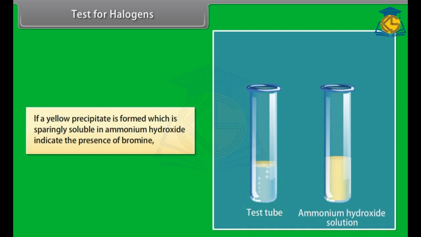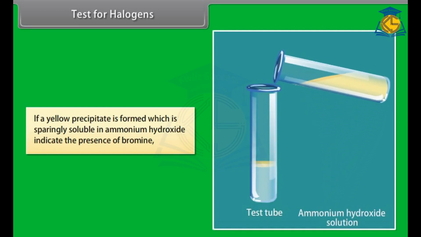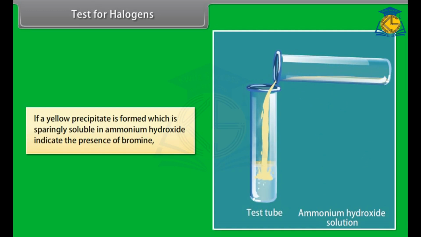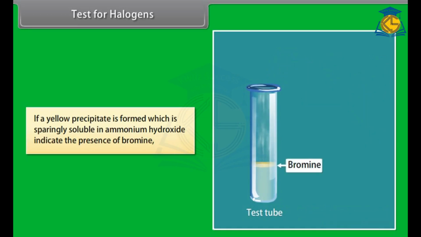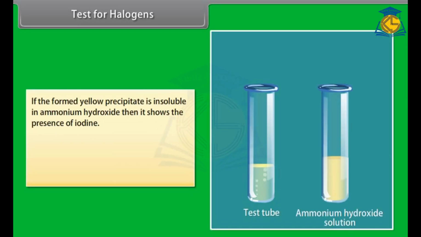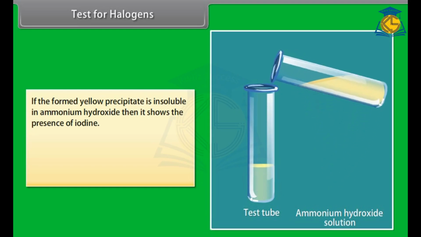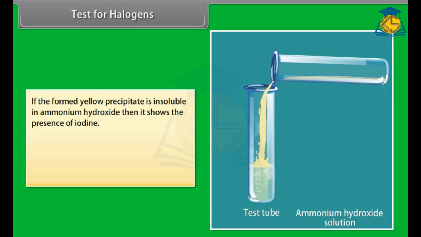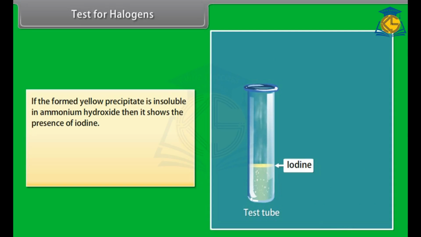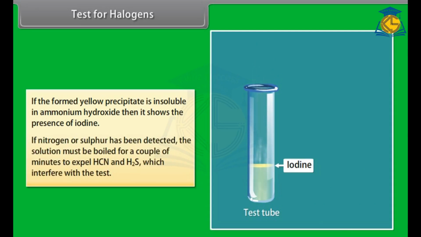If a yellow precipitate is formed, which is sparingly soluble in ammonium hydroxide, it indicates the presence of bromine. If the formed yellow precipitate is insoluble in ammonium hydroxide, then it shows the presence of iodine. If nitrogen or sulfur has been detected, the solution must be boiled for a couple of minutes to expel HCN and H2S, which interfere with the test.